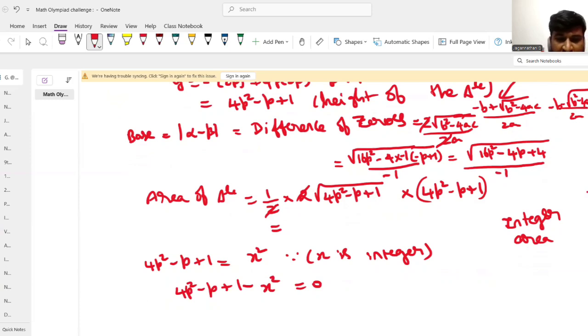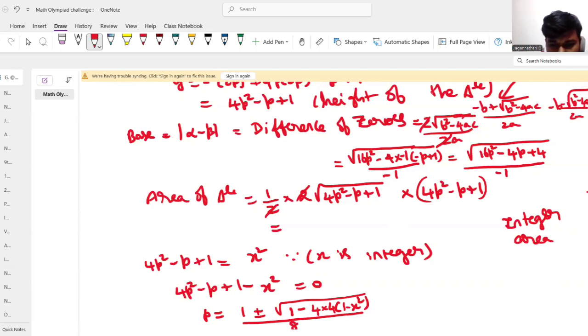Okay. So now I can write the roots formula. I know I'm interested in getting an integer root. Roots formula: p being my variable here, minus b plus or minus root of b square minus 4ac, 4 into 1 minus x square, 4ac, by 2a. 2 into 4 is 8.